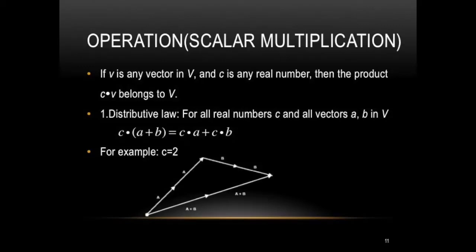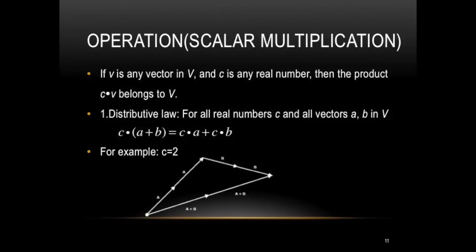The first law is the distributive law. For all real numbers C and all vectors A, B in vector space V, C dot bracket A plus B equals C dot A plus C dot B.